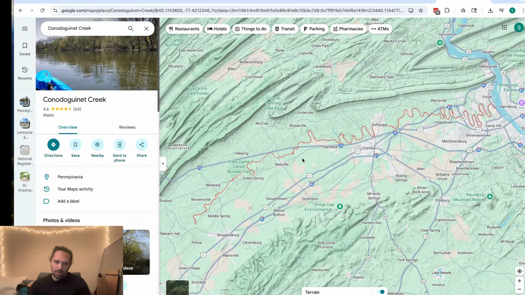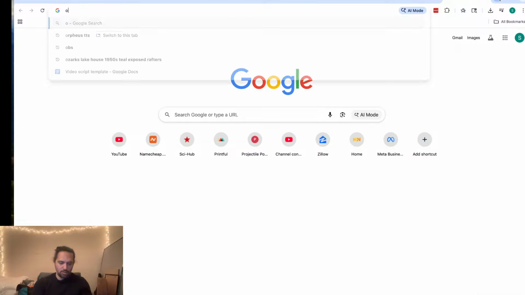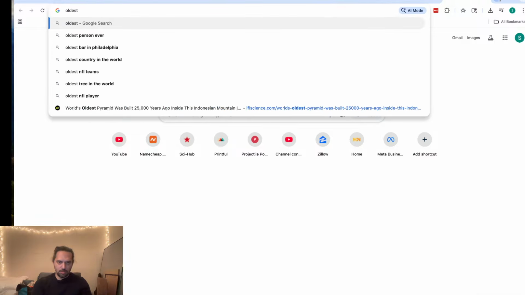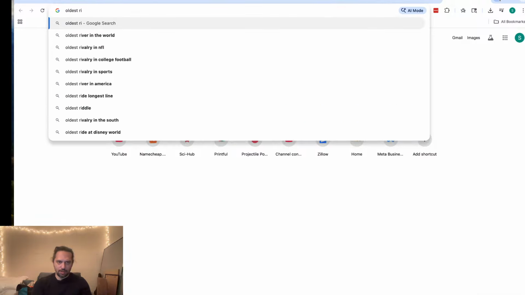So that, wow, look at that creek. I mean, that's got to be one of the oldest creeks in the world. Think about that. Because here's the thing: the Susquehanna River is the 5th oldest river in the world. The oldest river in the world is the Finke River in Australia.